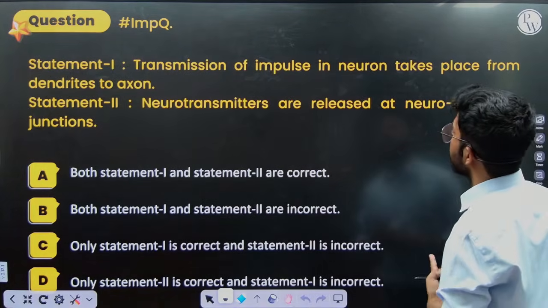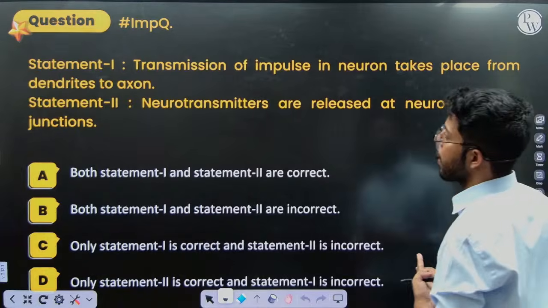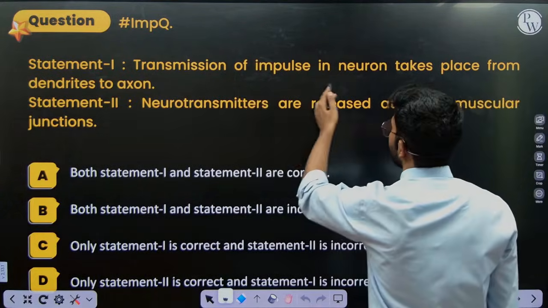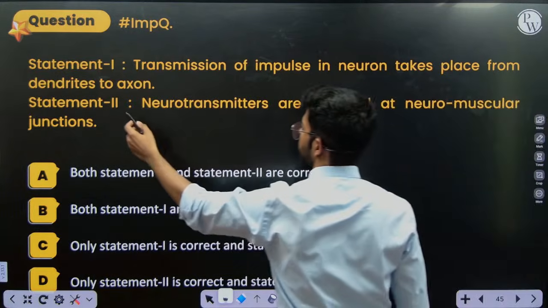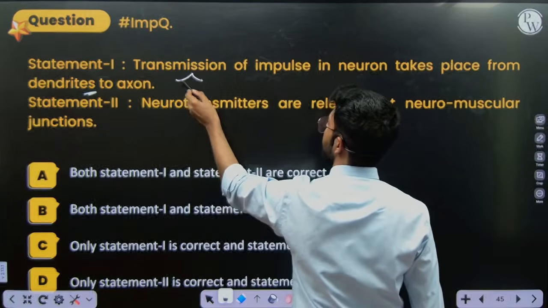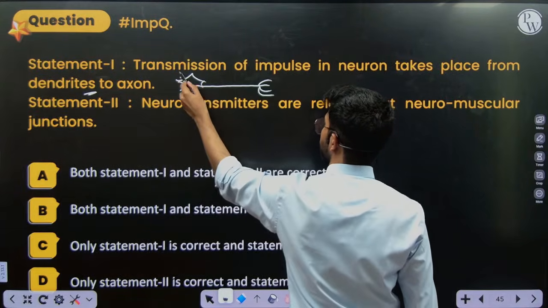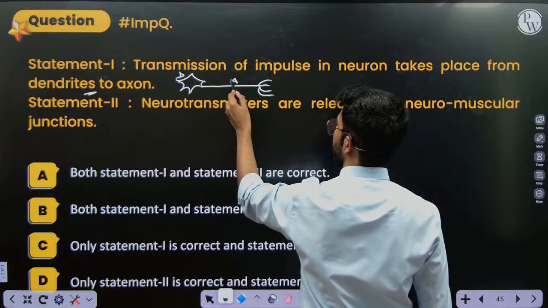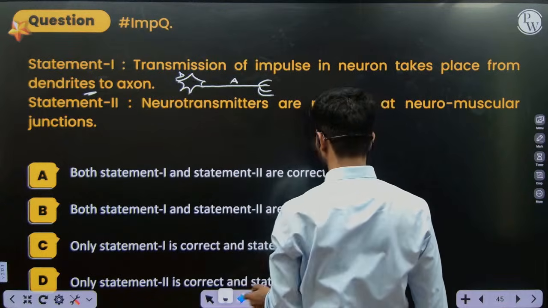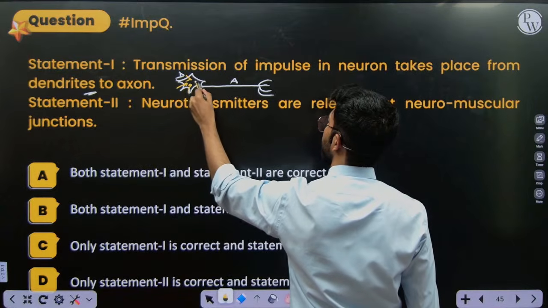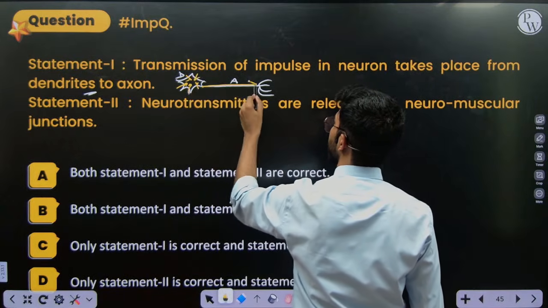Transmission of impulse in a neuron takes place from dendrites to axon. From dendrites, that means this small branched structure. These are the dendrites and these are the axons. So first, from here to here it is receiving, and then from this to this direction.